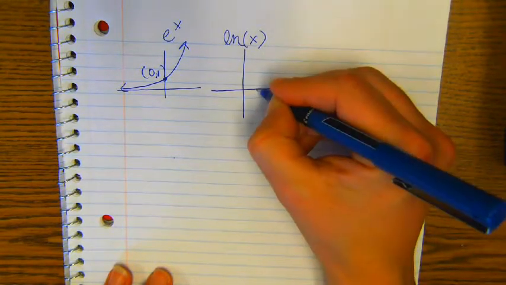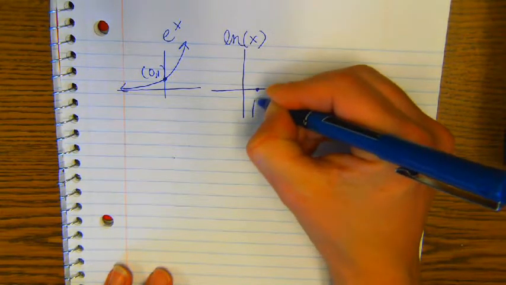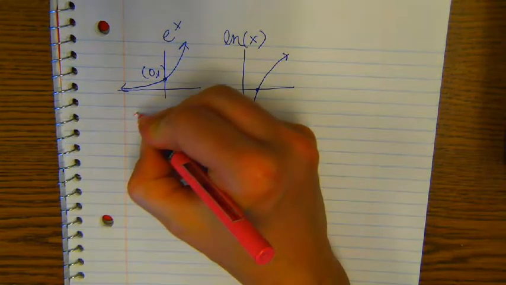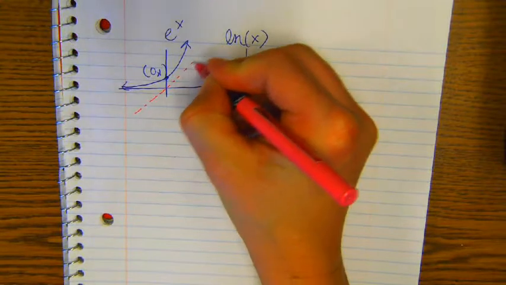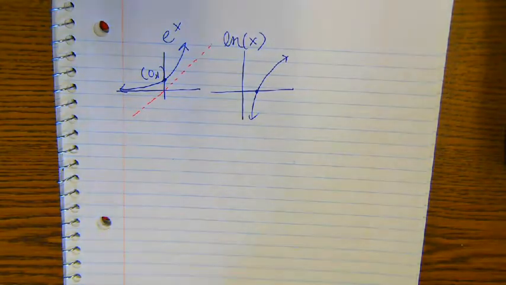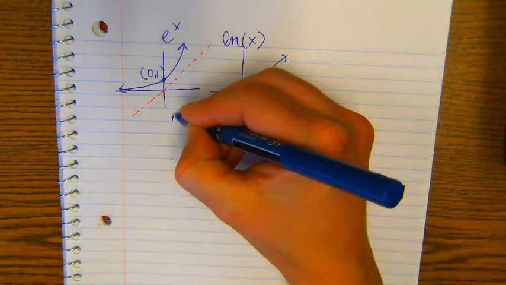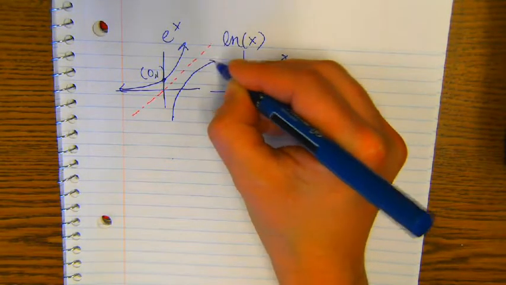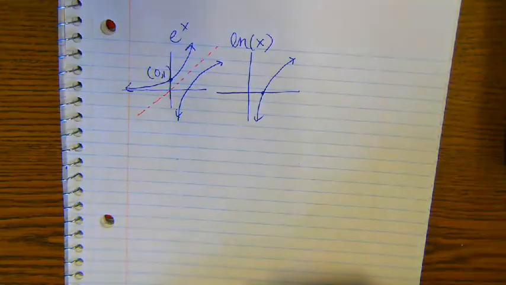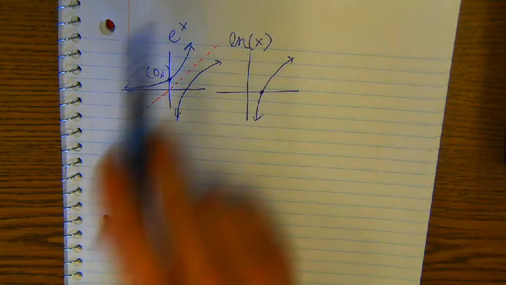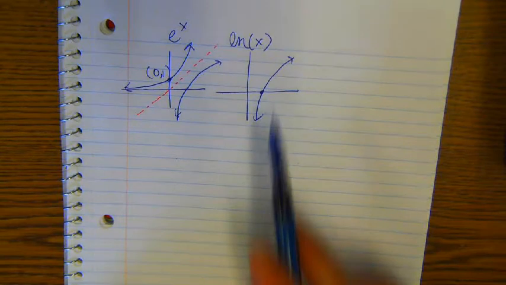Vertical asymptote and goes through 1, 0. And by the way, sometimes I like to even do this. This is the line y equals x. When you graph a function and its inverse, they're flipped over, they're reflected. It's like a geometry thing over that line.